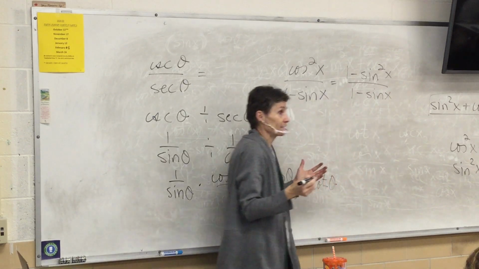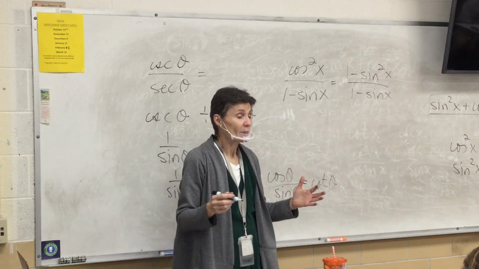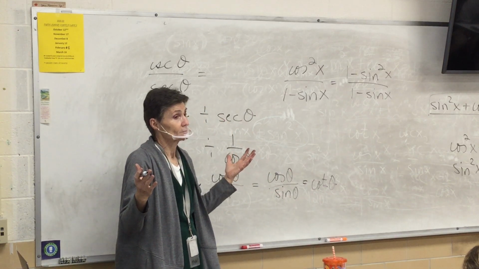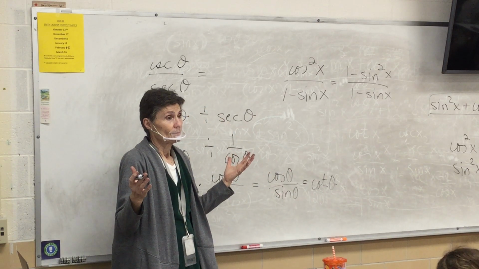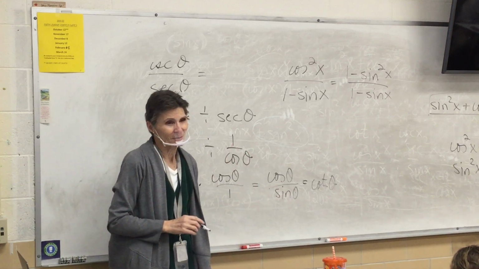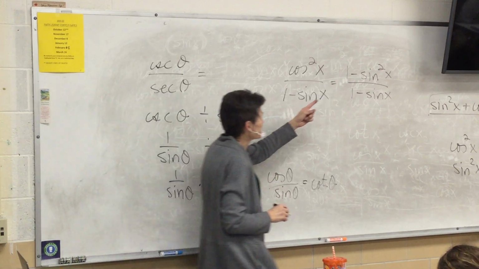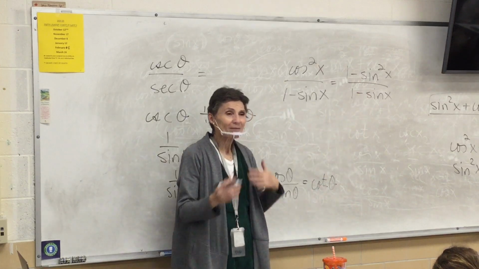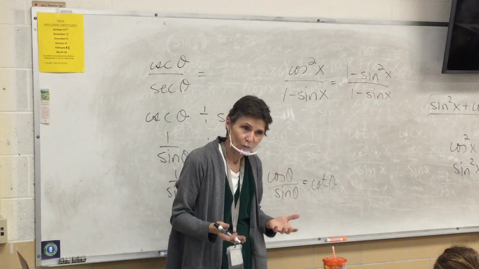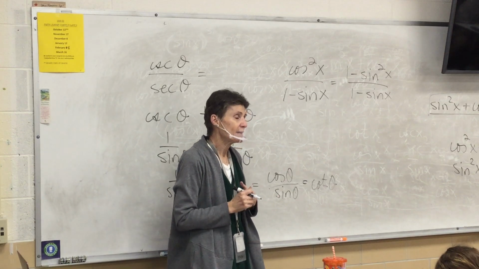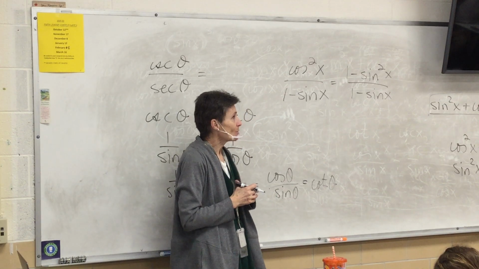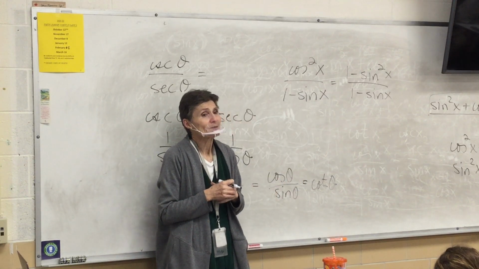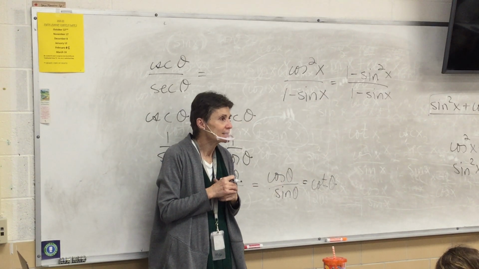Now that's a fact. Cosine squared equals 1 minus sine squared, always and forever. You still can't cancel, because these minuses screw everything up. You have to be able to factor before you can cancel. So I want you to look carefully at the numerator. It actually factors. Does anybody see it?